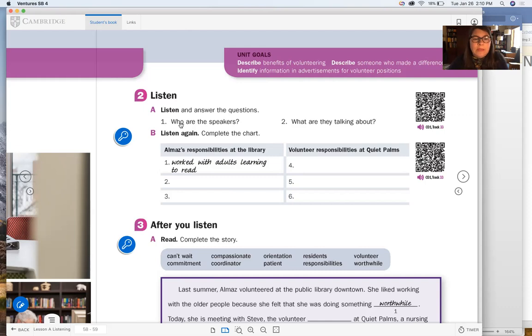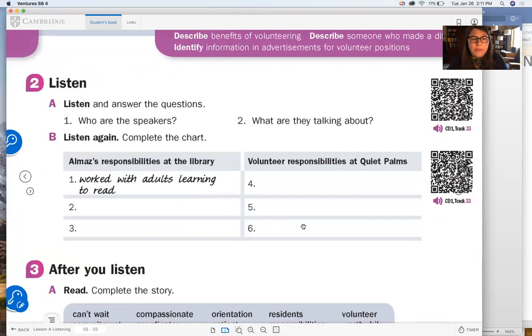So right here, listen for who are the speakers and what are they talking about. And then listen again and complete the chart here. So Almaz's responsibilities at the library, there's 3 responsibilities, which means things she needs to do. And then volunteer responsibilities at Quiet Palms. What is Quiet Palms? Do you see the capital letter here? Let me make it larger for you, sorry.